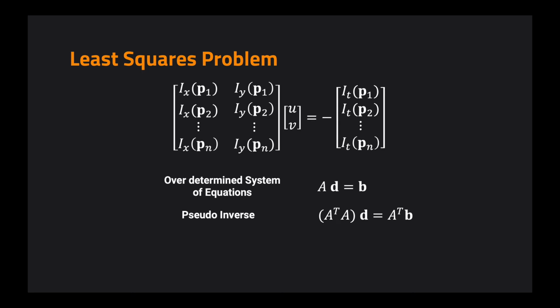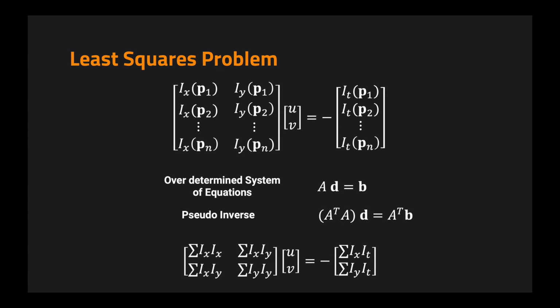Here A is a 2 by n matrix, and when we multiply A transpose times A, we get a 2 by 2 matrix. On the other hand, when we multiply A transpose with B, where B here is the derivative along time, we get another vector which is 2 by 1 dimension. So you can see here, now we have another linear system which is nicely constrained with two variables.